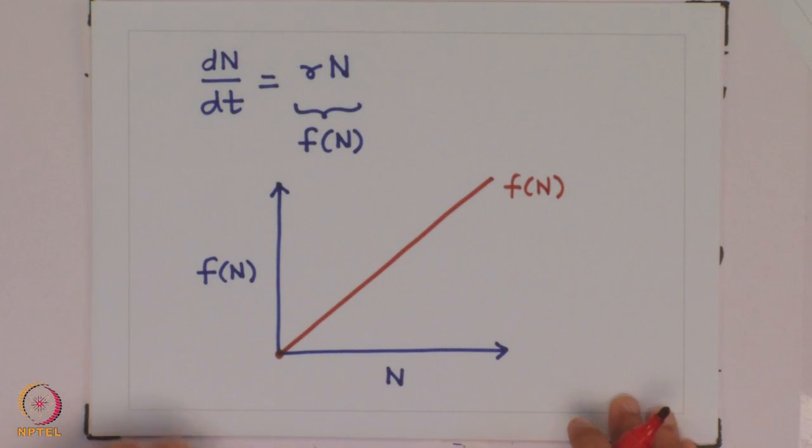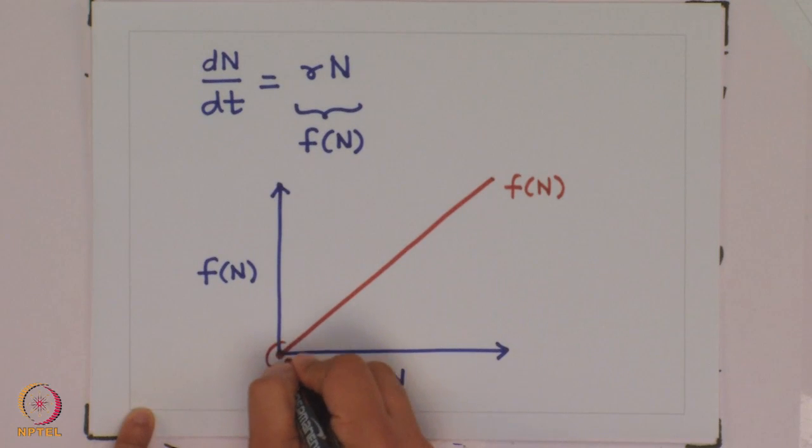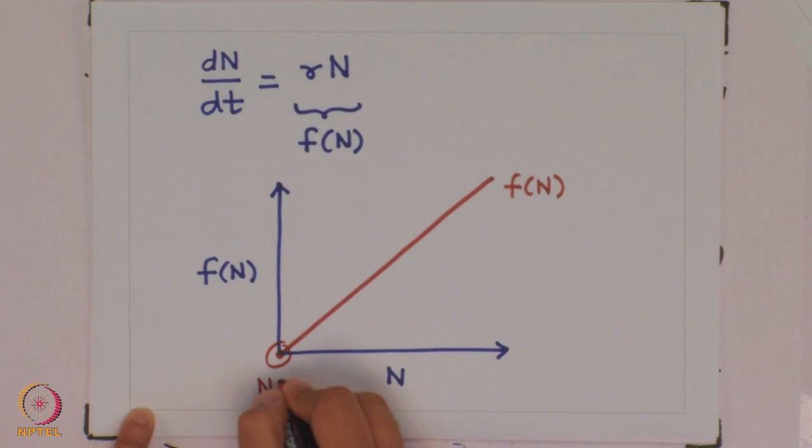As you can see, the steady states are those points where the f(n) curve meets the f(n) equal to 0, the x axis line. And in this graph, there is only one point where the x axis and the curve f(n) meet, which is this point n equal to 0. Again, because we are talking about populations, we are only interested in positive values of n.